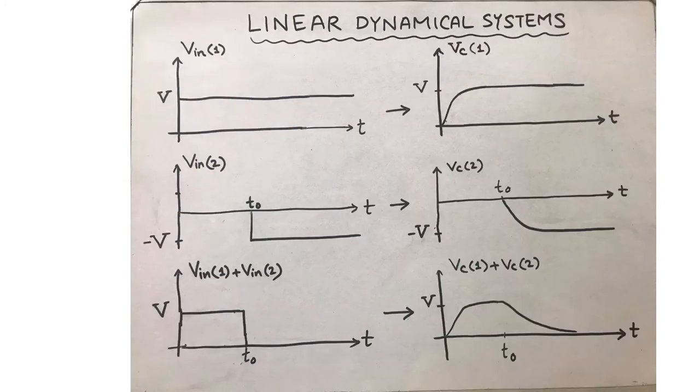Now for each of these inputs, starting with V in 1, we know exactly what the output is. So for V in 1, the output is VC1, and we've seen this one before.